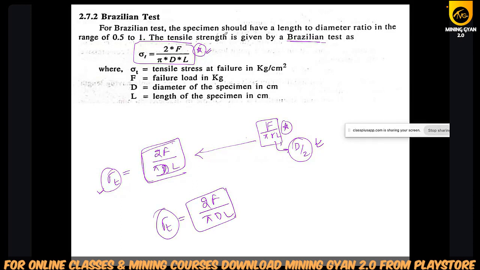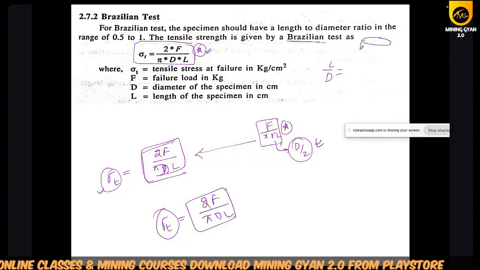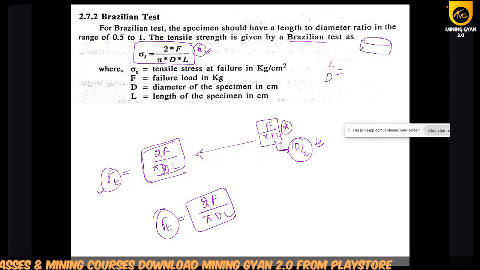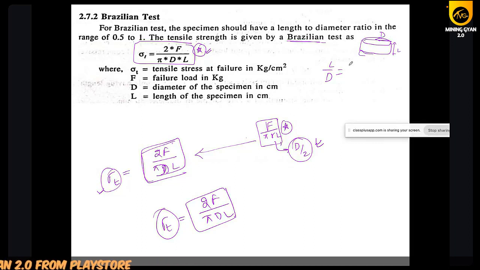Just need. So for the Brazilian test specimen, the length to diameter ratio: we have seen the specimen, our sample, in the video also, that the length was lesser than the diameter. So this was the length, and this was the diameter. The length to diameter ratio was 0.5 to 1.